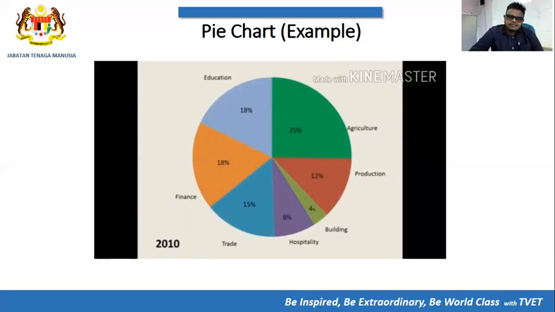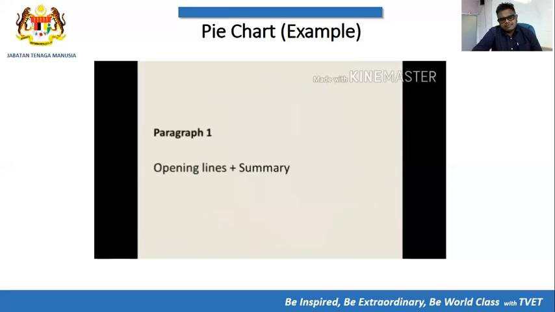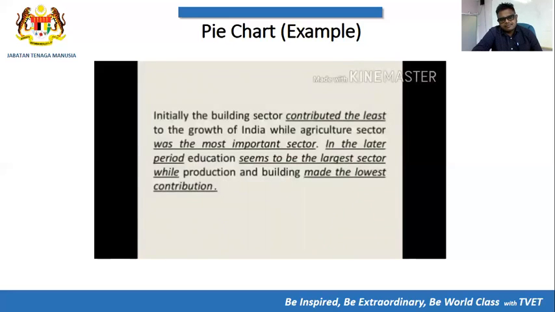So in this way we can write the second paragraph. In the second paragraph we need to mention the increased sectors in 2010 and 2020, and we can also write the slightly increased sectors. Slightly increased means just different, slight percentages that you need to show in the paragraph. In this way, we can summarize the analytical paragraph of a given pie chart.